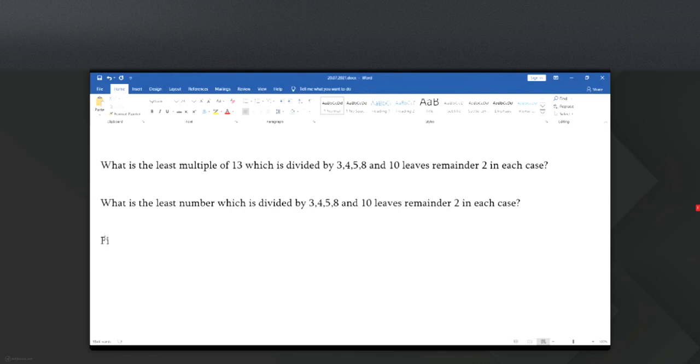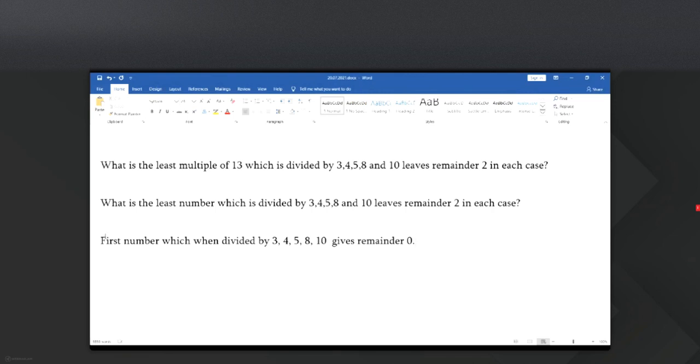The first number which when divided by 3, 4, 5, 8, and 10 gives remainder 0 is going to be the LCM of these numbers.